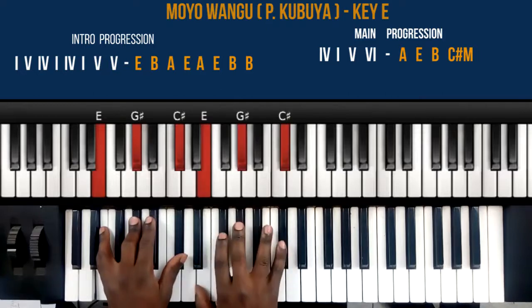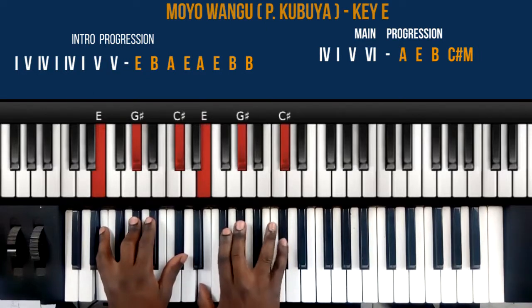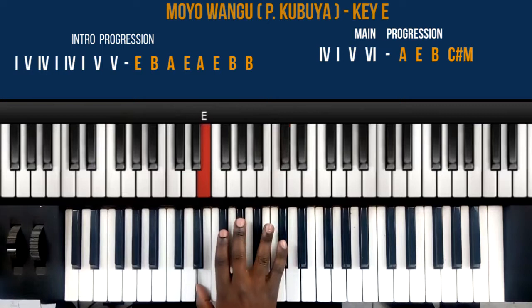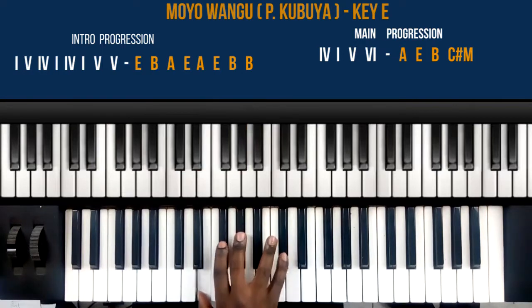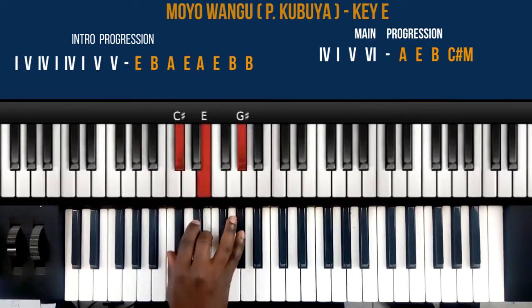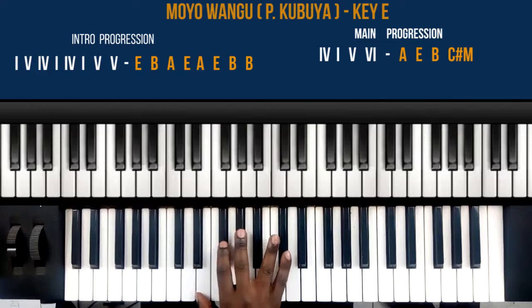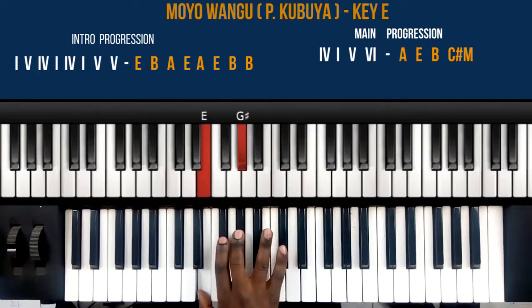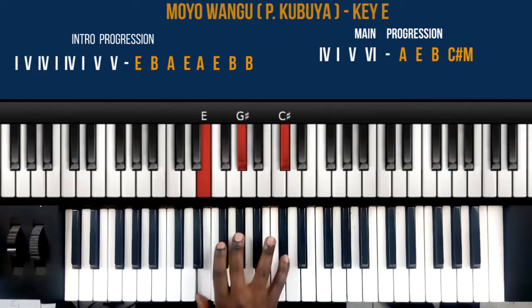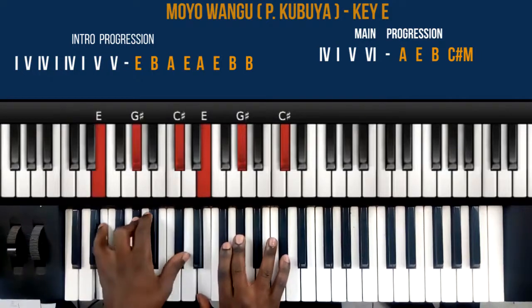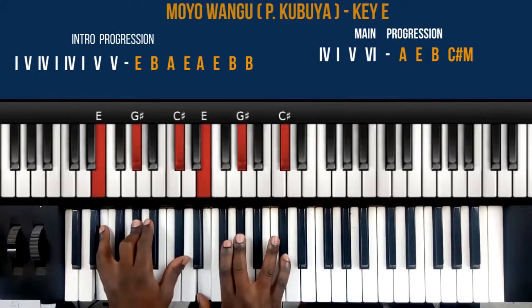On my right hand, the normal C sharp minor chord, then the first inversion of the C sharp minor chord. I play note E with my thumb, G sharp with my middle finger, and C sharp with my small finger. So that's the new chord in this case.